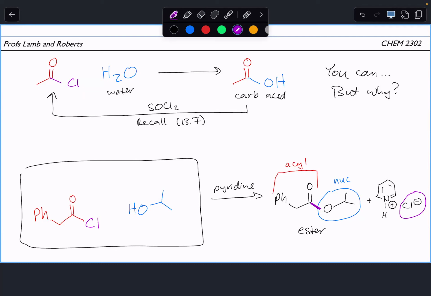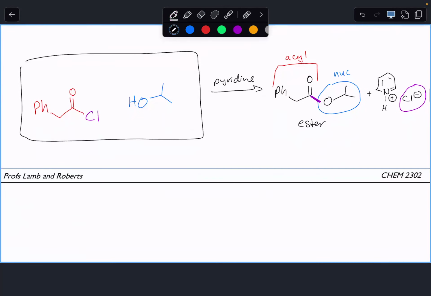That one's pretty straightforward. Now let's go to anhydrides, where things get a little bit more complicated, because now we have sometimes basic conditions and sometimes acidic conditions.